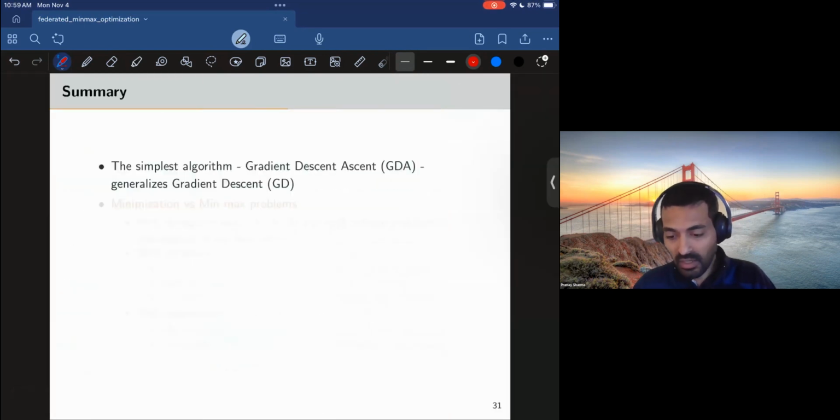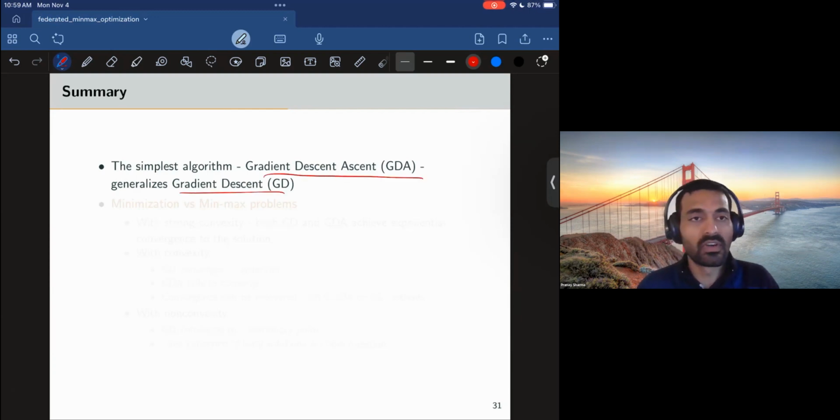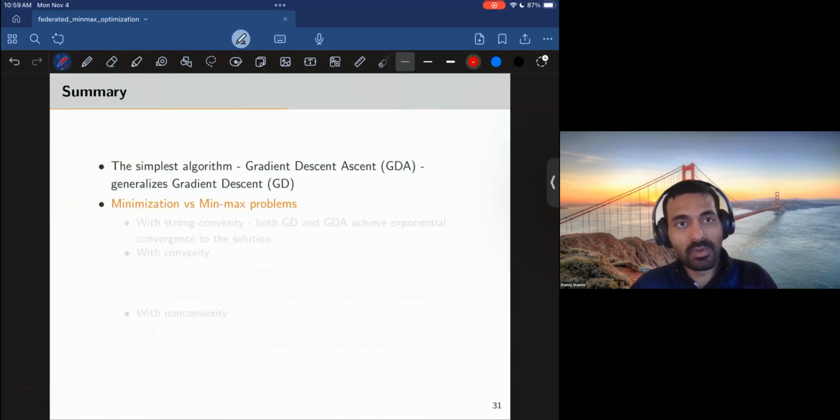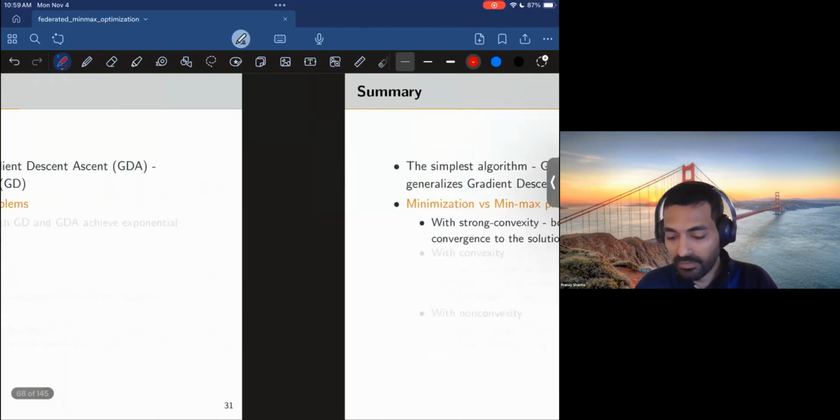So just to summarize, we started looking at min-max problems. We started with the simplest algorithm possible, which was gradient descent ascent or GDA. And we generalized it. This was a simple generalization over gradient descent. Next, we compared minimization problems with min-max problems.